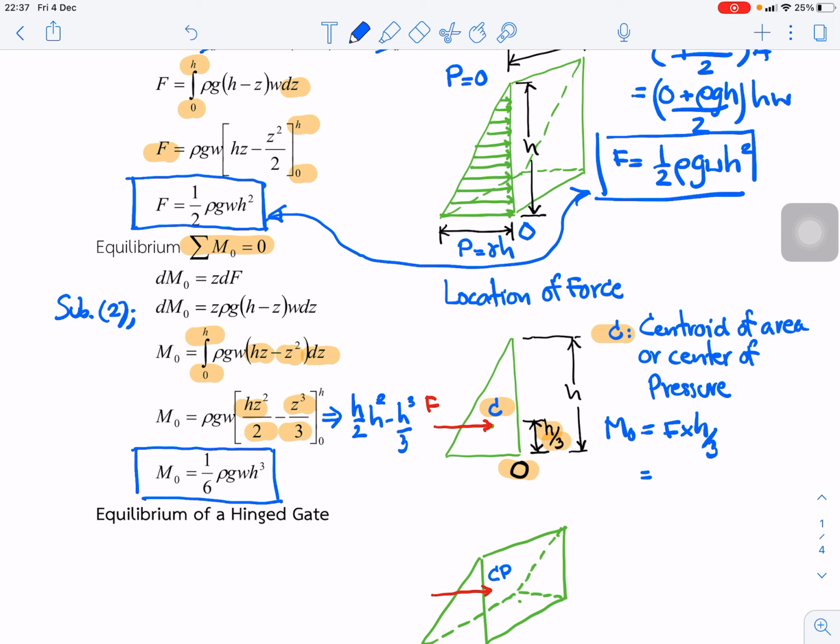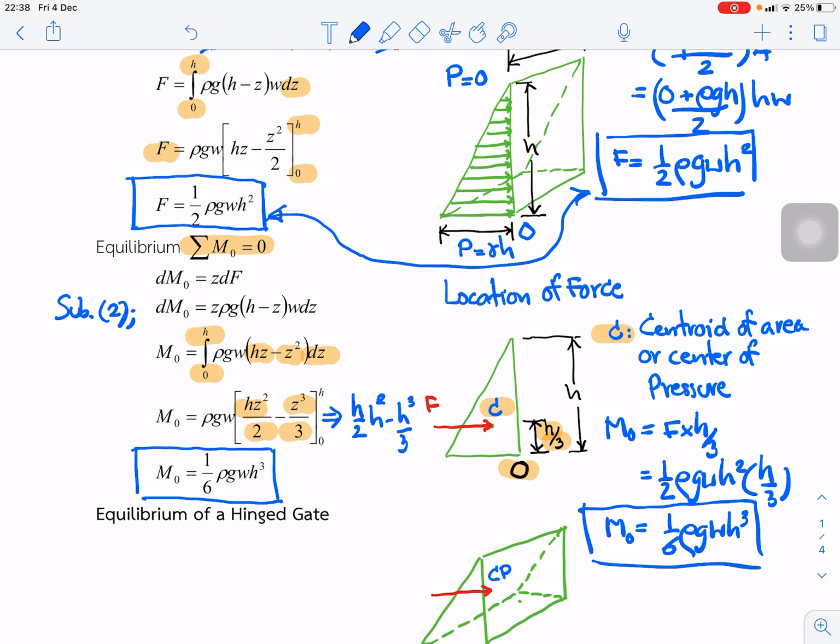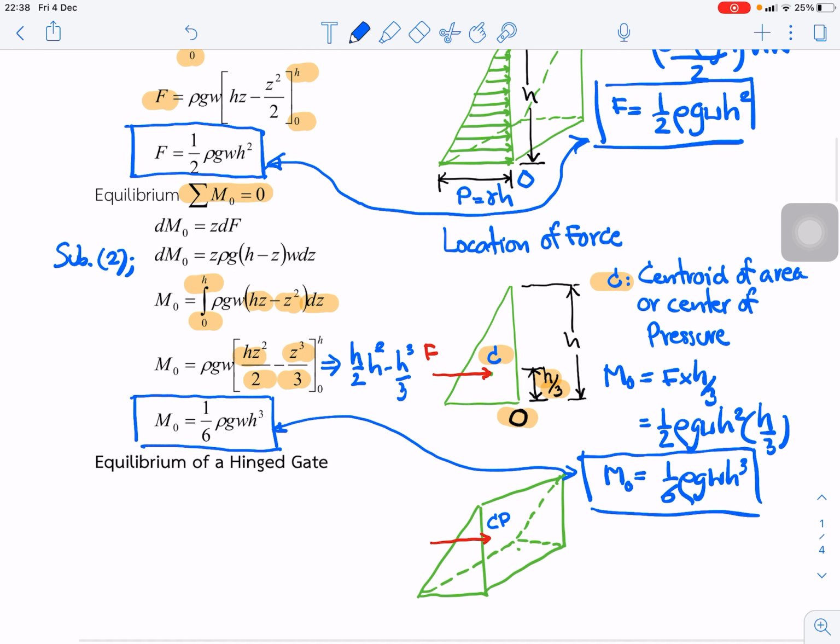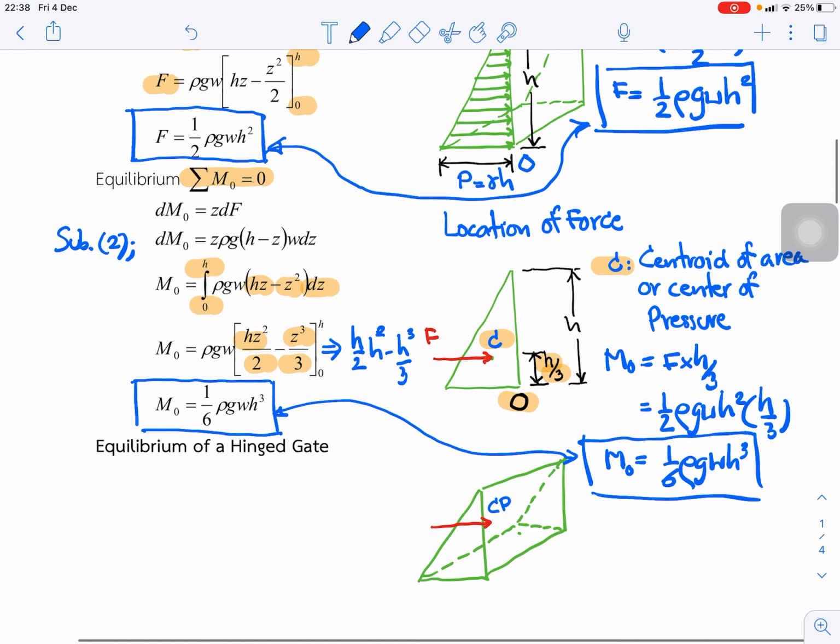We substitute F as 1/2 rho g W H square and the centroid H over 3, so we get 1/6 rho g W H power 3. Both equations are the same: the left-hand side from the integration and the right-hand side from the prism method.